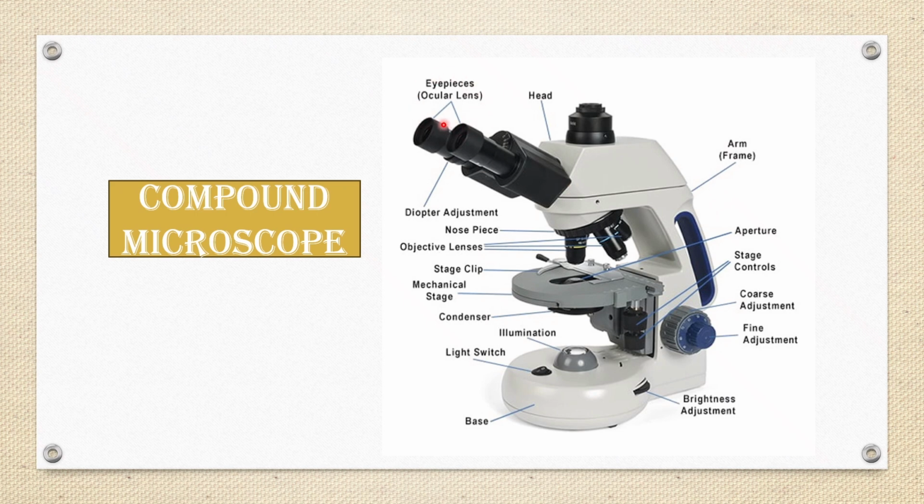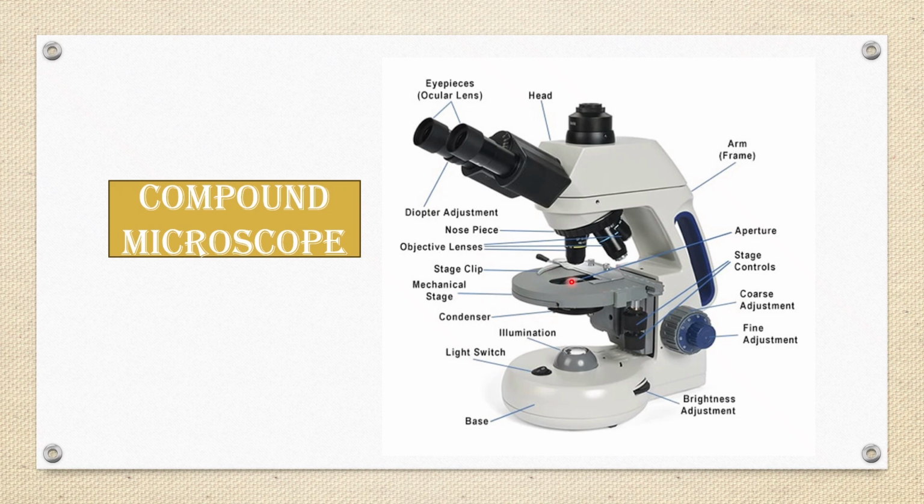There are two lenses in the eyepiece, this is called the head, and there are three objective lenses. This area is called the stage. This is the stage clip. Here is the place where we keep our slide, and a slide is a very thin glass structure. The object is kept over here and covered by a cover slip.